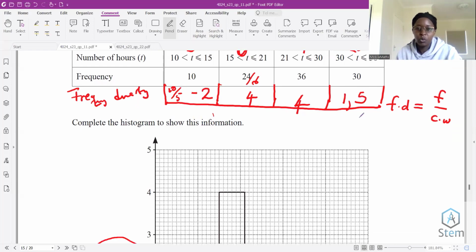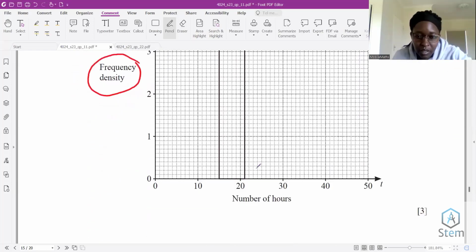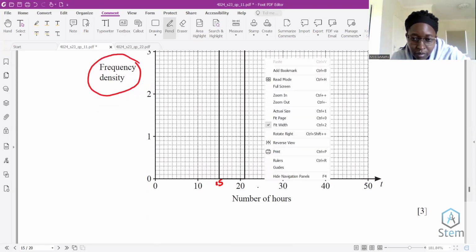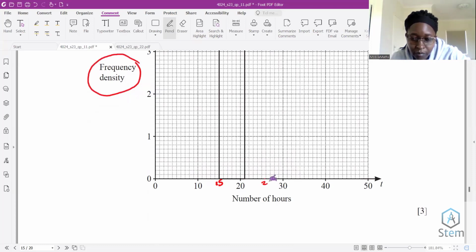Okay, fine. Let's go and draw the graph. At the center, 12.5, 17.5, this is our 15, this is our 25 here at the center. This is our 35, our 45 here.